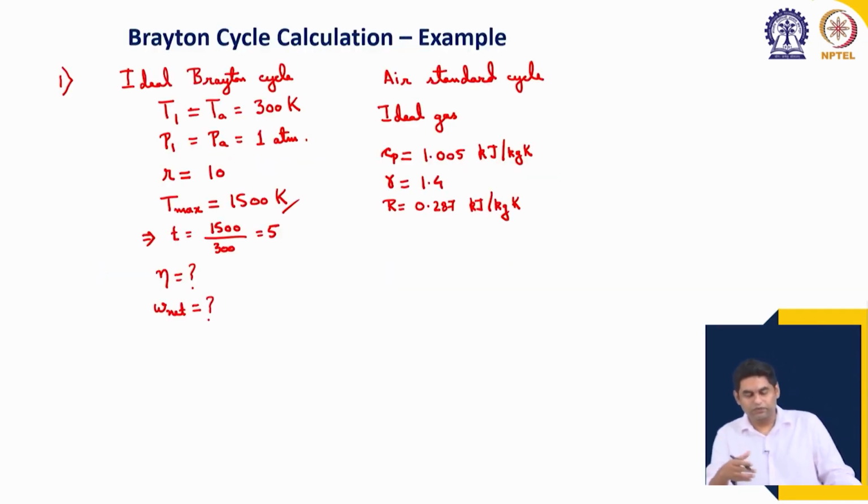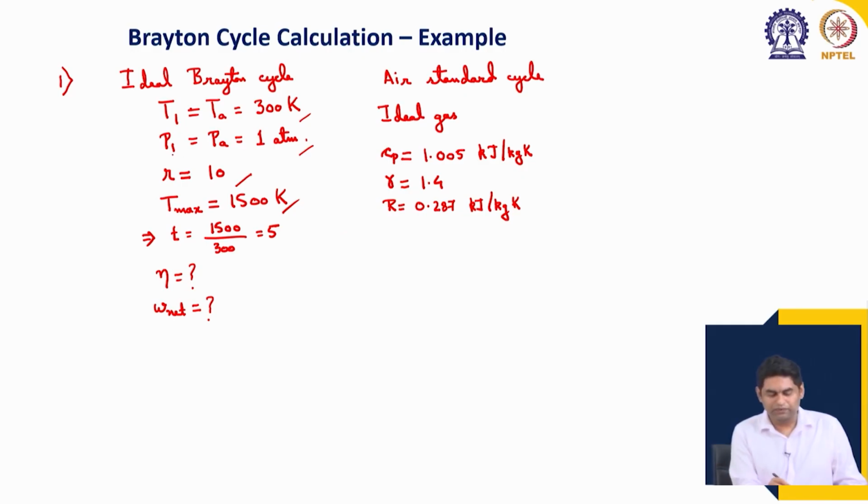I am just showing the problem which we had done in one of the previous classes. If you go back to lecture 4, it was solved at the end of that lecture. For a standard Brayton cycle, inlet temperature was 300 Kelvin, pressure was 1 atmosphere, and we had taken a pressure ratio of 10.